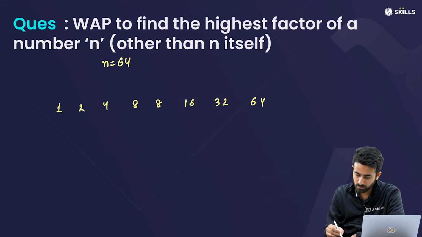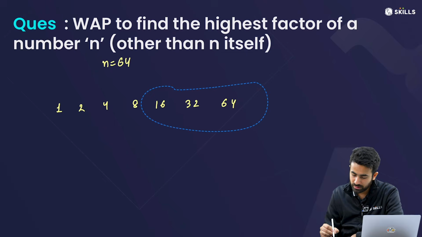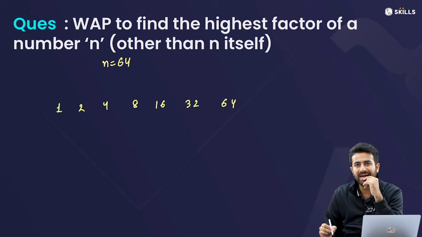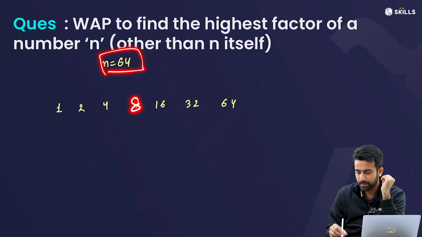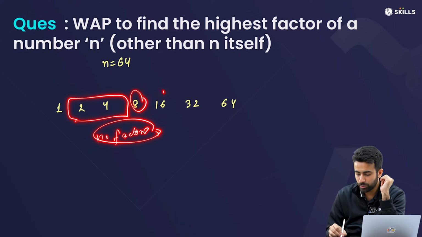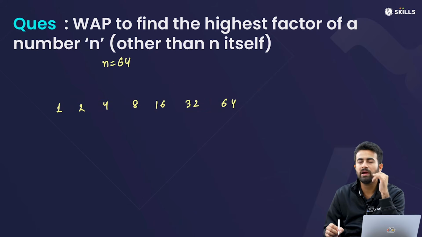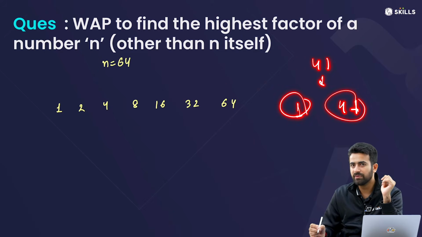There is a very beautiful thing: if there are no factors till the square root of any number, then after the square root also there should be no factor. Of course, for any number like 41, the factors are 1 and 41. That's it. 1 and the number itself are the factors.